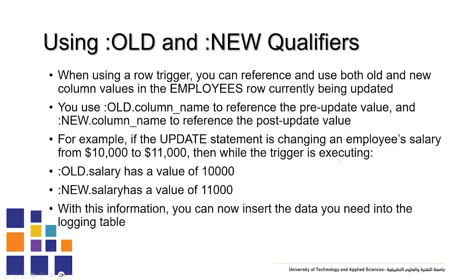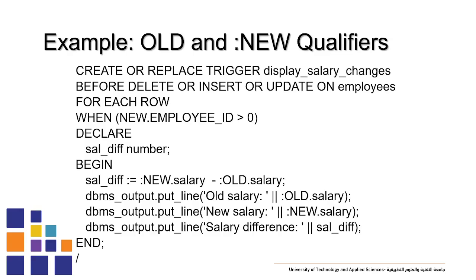For example, if an update statement changes the employee salary from 10,000 to 11,000, then while the trigger is executing, the old salary has a value of 10,000, but the new salary has a value of 11,000. With this information you can now insert the data you need in the log table. This is just for reference, so we can trace back the updates, whoever executed or fired that particular trigger, right?